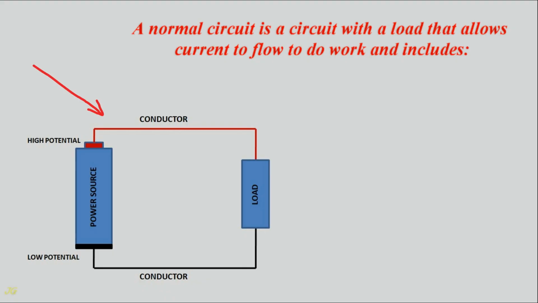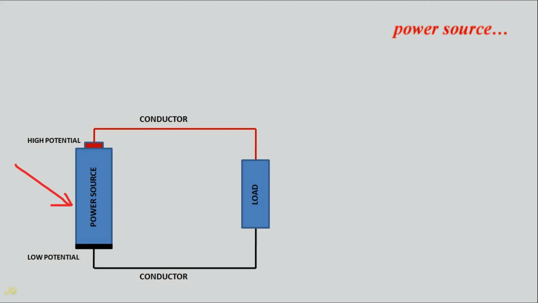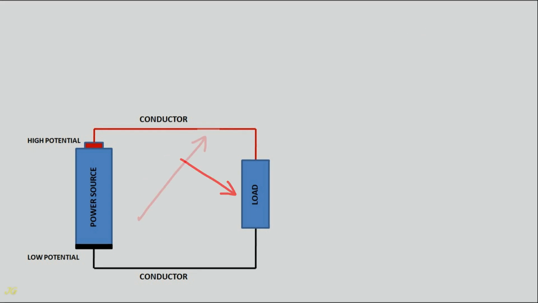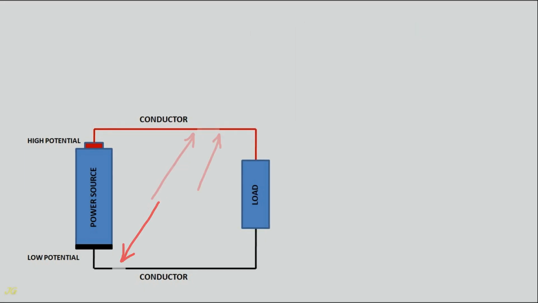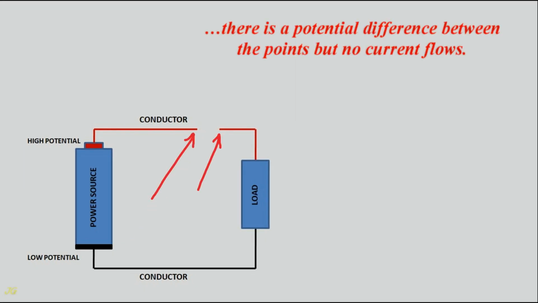A normal circuit is a circuit with a load that allows current to flow to do work and includes a power source, conductors, and a load. If the circuit is open at any point, there is a potential difference between the points but no current flows.